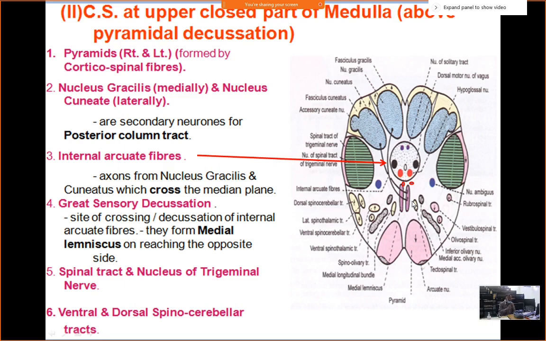That means if anything happens in the medulla, ischemia at the upper part of the medulla oblongata, then what sensory information will we not get? If the right side suffers, that means the medial lemniscus will suffer.